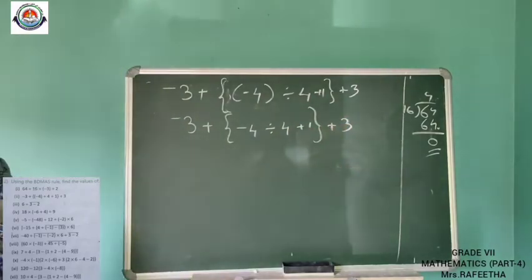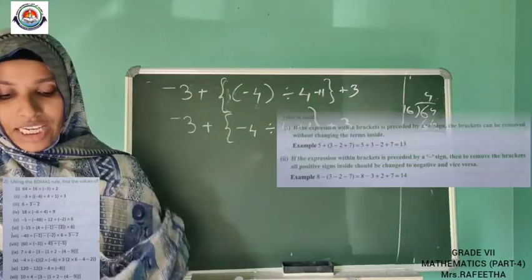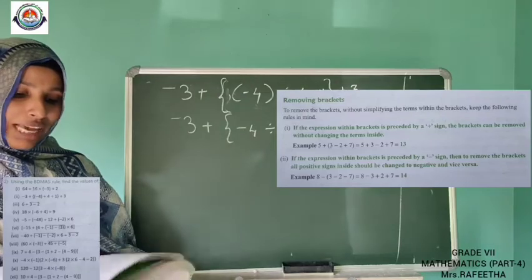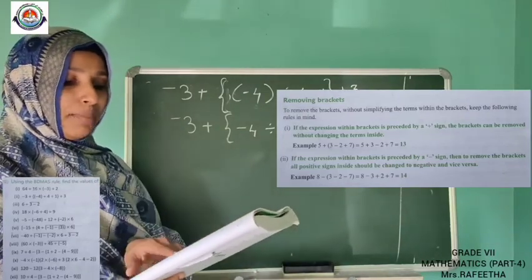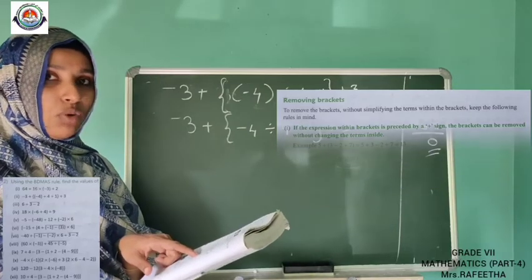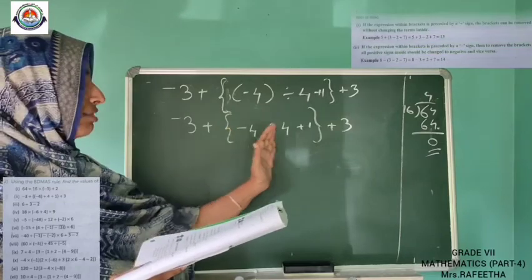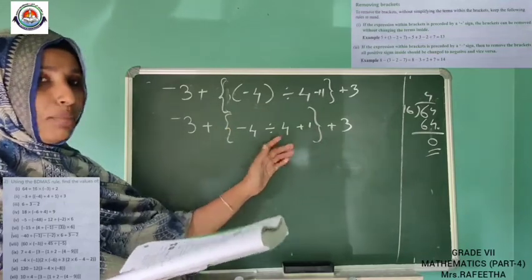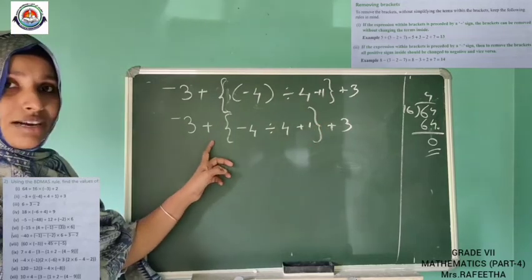Now we got like this. In this, see this image. If the expression within the bracket is preceded by plus sign, the brackets can be removed without changing the terms inside. That is, this bracket is preceded by what sign?